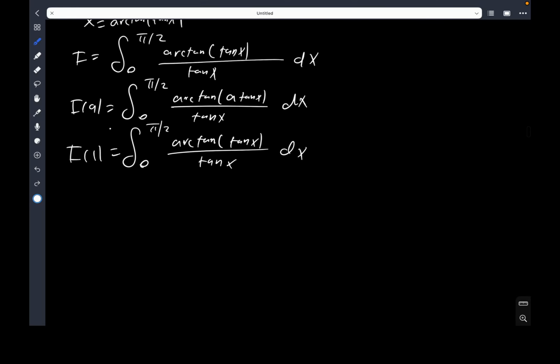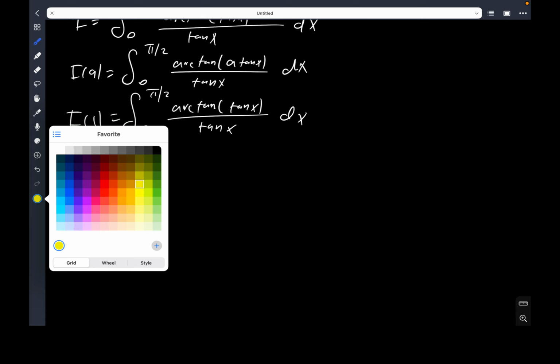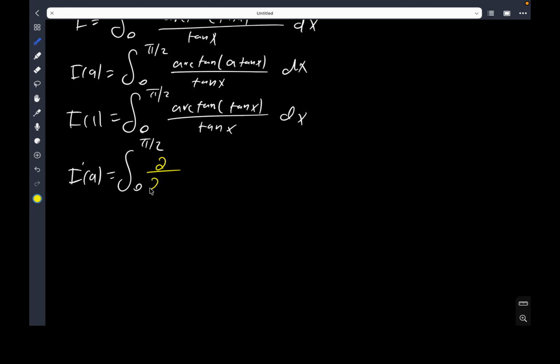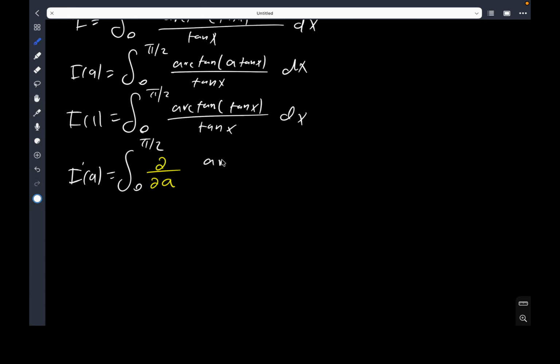Now, if I take the derivative of this one, I'm going to get the integral from 0 to pi over 2 of the partial derivative with respect to a of arc tan of a tan x over tan x dx.